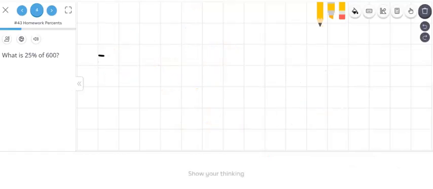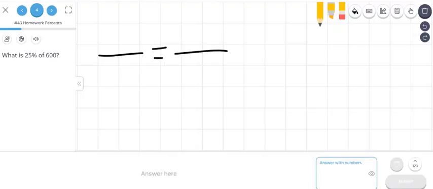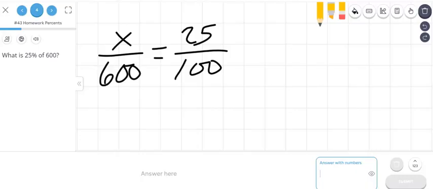All right. This one we're going to go 25 goes over the 100 because that's the percent. Is over of, so 600 is the of, so it goes on bottom. Then we're going to do our cross products. Whoops.